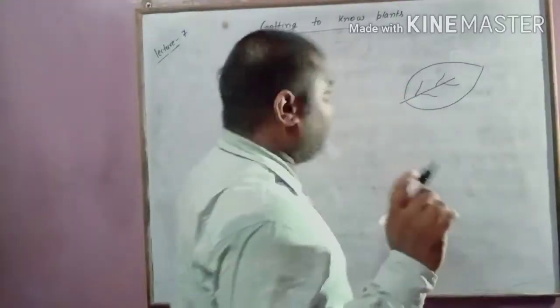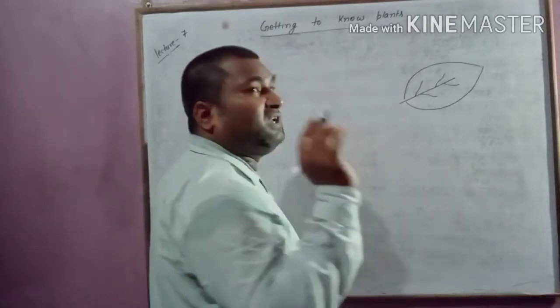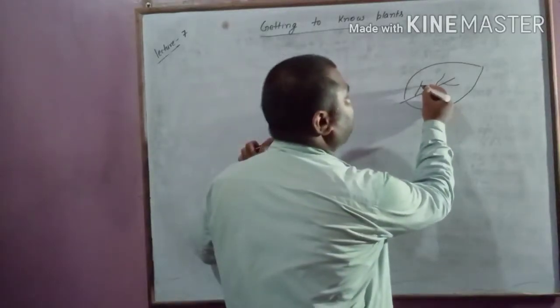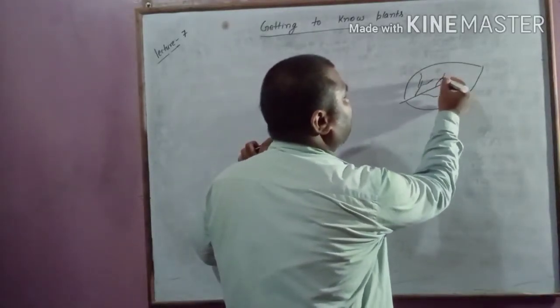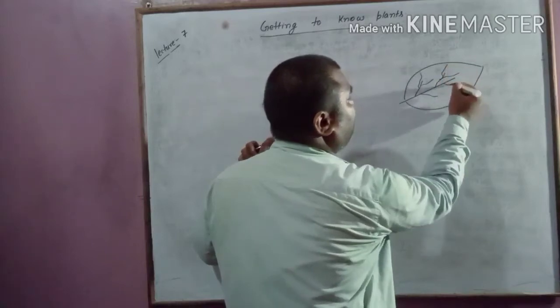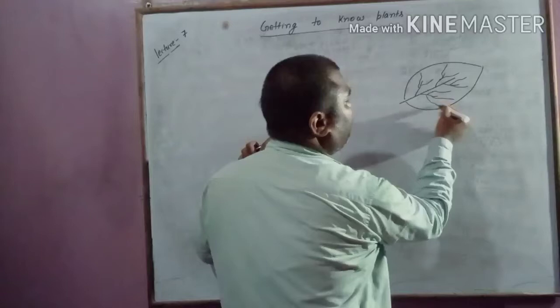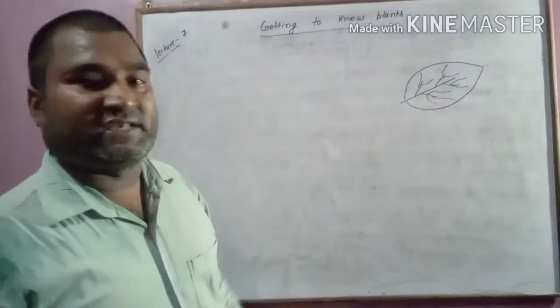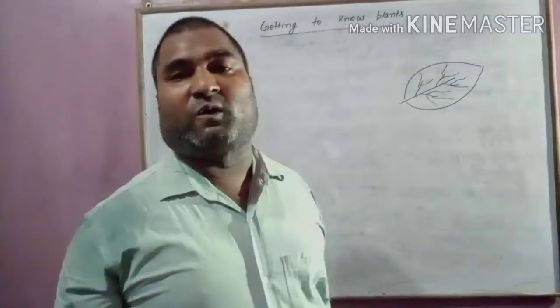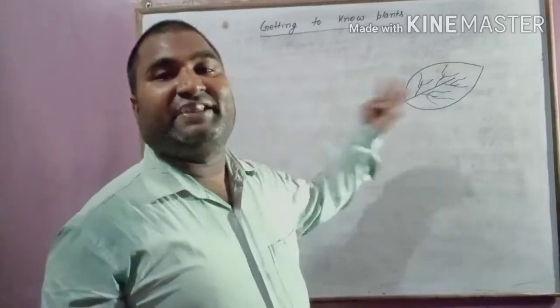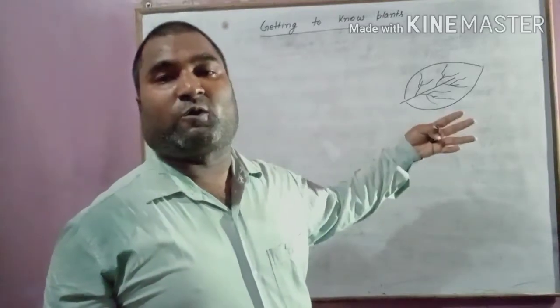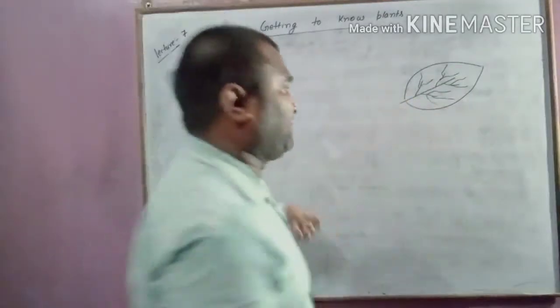So in last class we have seen when a network-like structure is formed from the veins, such an arrangement of veins is called reticulate venation.